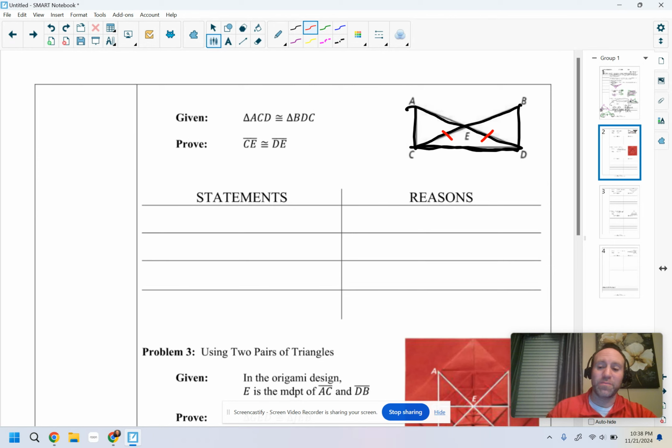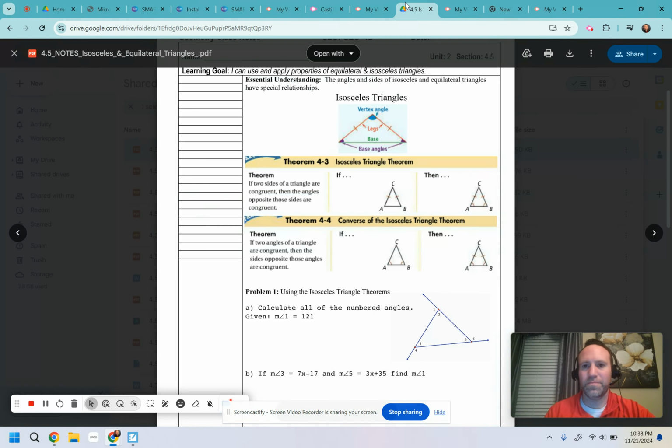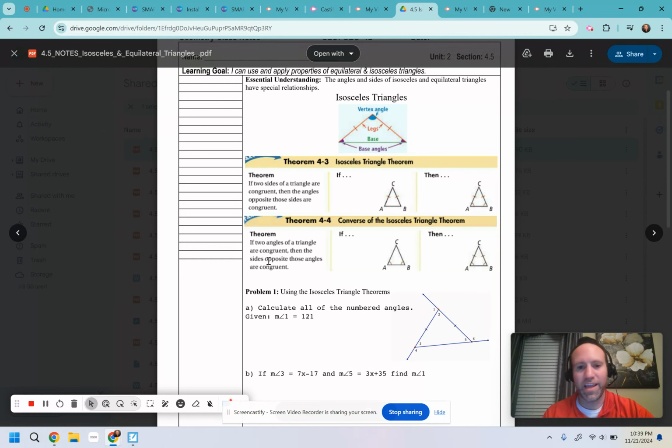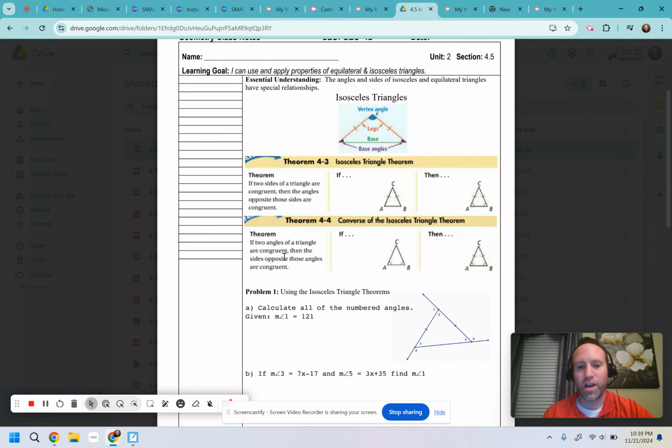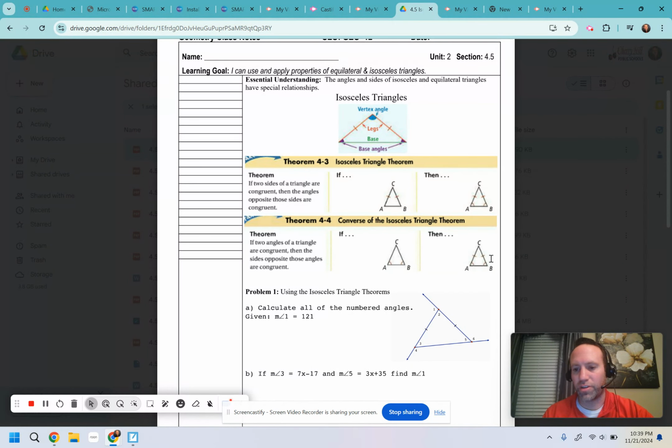So I went back to my notes from 4.5, and what I saw was the converse of the isosceles triangle theorem. It always helps to actually read it, not just look at the visuals. If two angles of a triangle are congruent, then the sides opposite those angles are congruent. So if these two base angles are congruent, then the two sides are congruent.